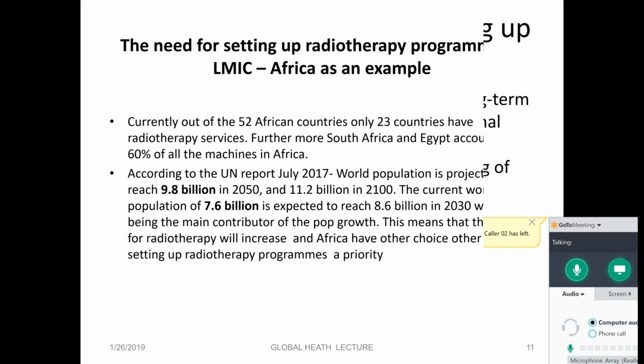So if one is to set up a radiotherapy program, one has got to observe the things that the National Regulatory Authority will evaluate and make sure they are in place.